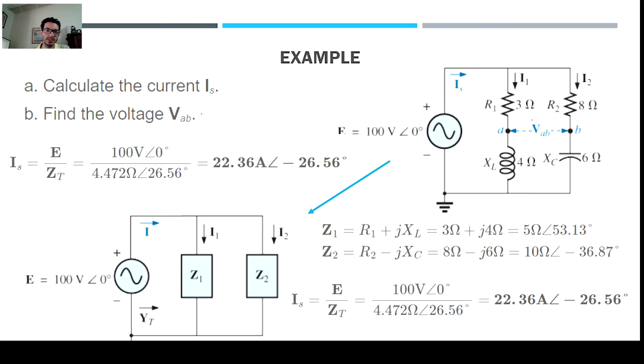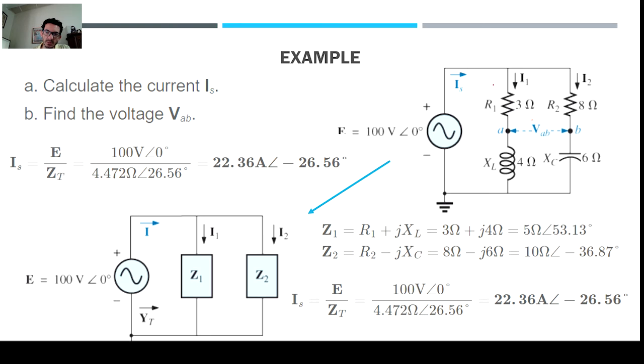So if you were to compute this, let's say calculate the current from the source and find the voltage from A to B. For the source, the same thing, Ohm's law. The current from the source is the voltage divided by the total impedance. The total impedance is very simple.